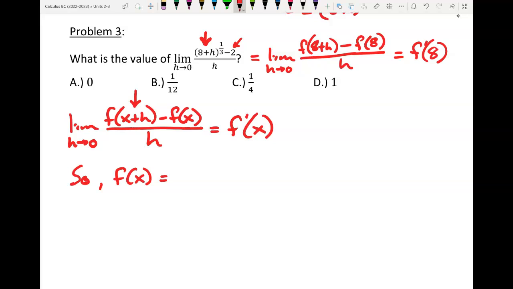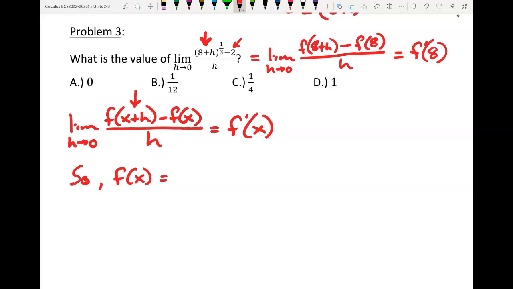So what is our function? Look at what we have here. What's our function? X to the 1/3. Which is what you had, actually. You just then had a minus 2 afterwards. All right, if you take off the minus 2, then you had it.